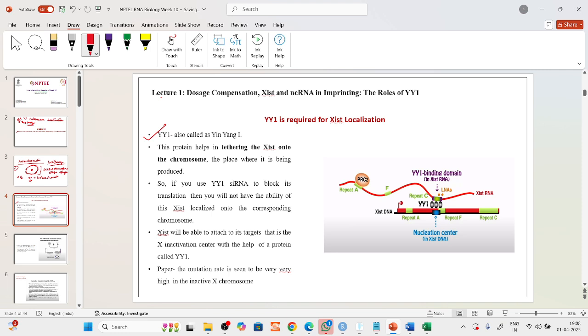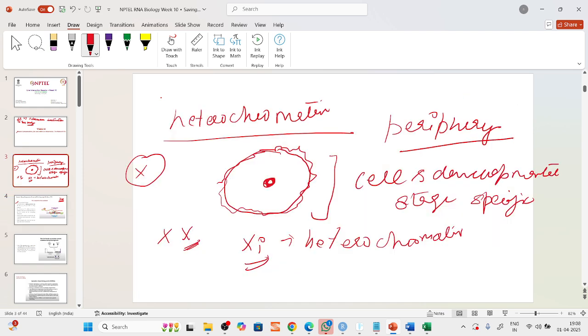Basically we have studied that for dosage compensation to happen properly, we require a long non-coding RNA, and the name of that long non-coding RNA was Xist.